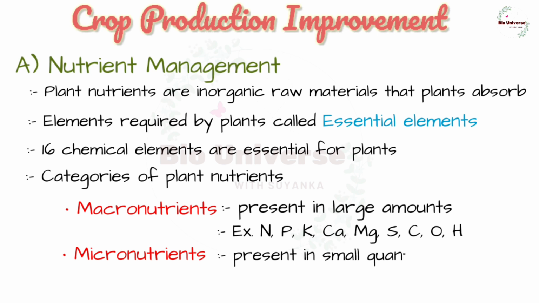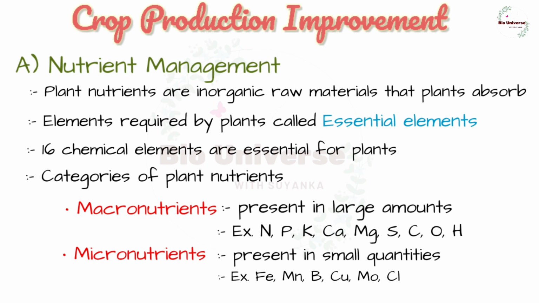Micronutrients are those essential elements which are present in plants in small quantities. For example, iron, manganese, boron, zinc, copper, molybdenum, and chlorine. Deficiency of these nutrients affects physiological processes in plants including reproduction, photosynthesis, and growth, and is also responsible for diseases.